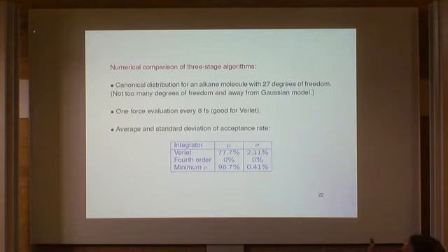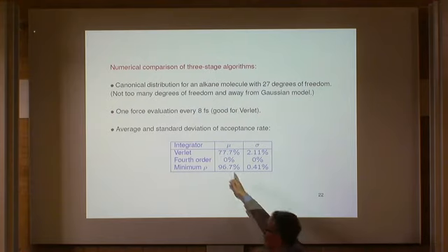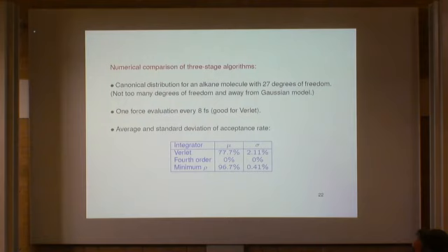If you use a 4th order method, that is well known due to Yoshida and Suzuki and other people, so these people make it higher order, then acceptance is 0, so we don't generate a single sample, and with our algorithm the acceptance is 96%.